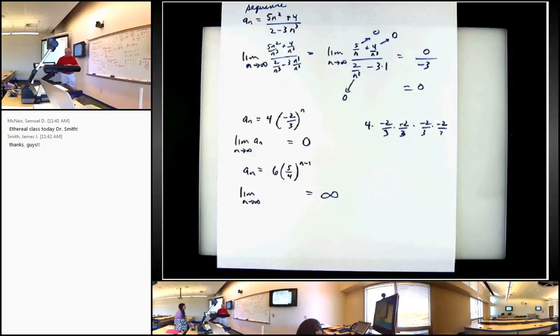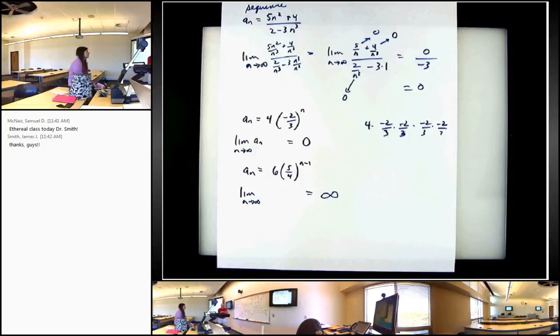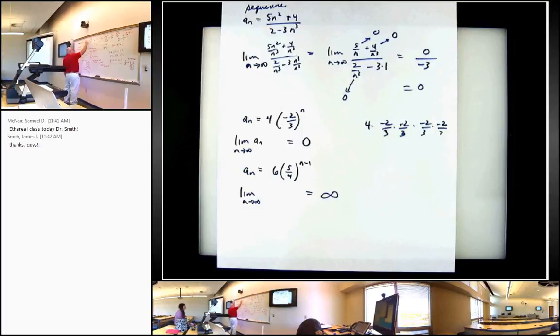Yeah. But that problem is pretty easy. Say if we have a fraction, how would we know that the limit does not exist? Well, let's look at something like this.